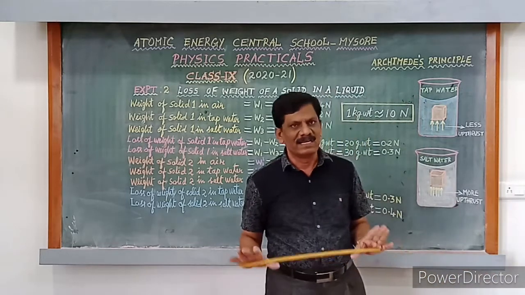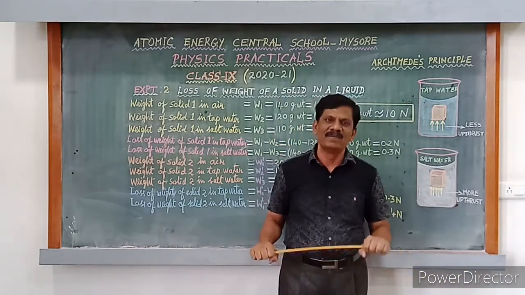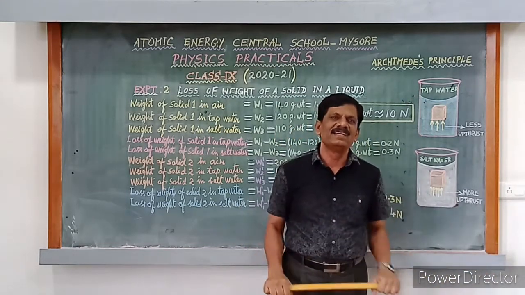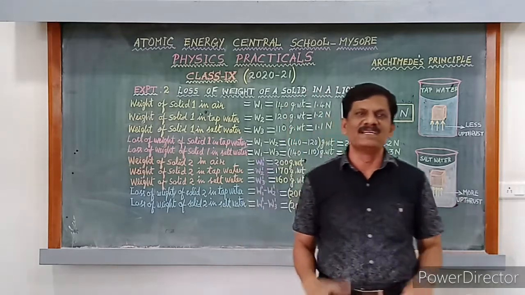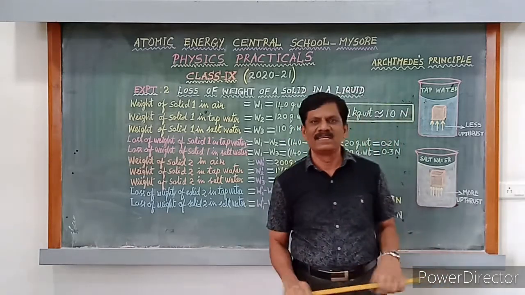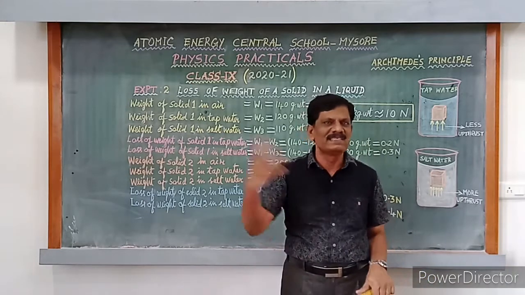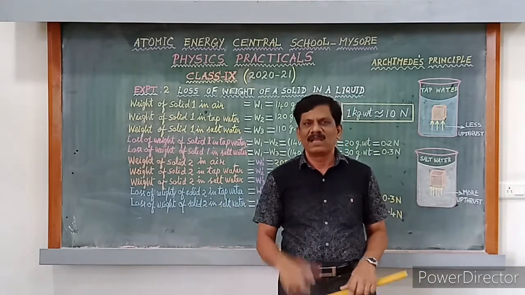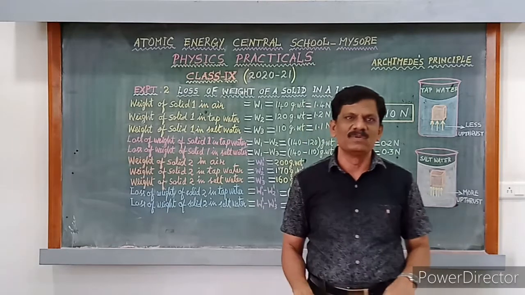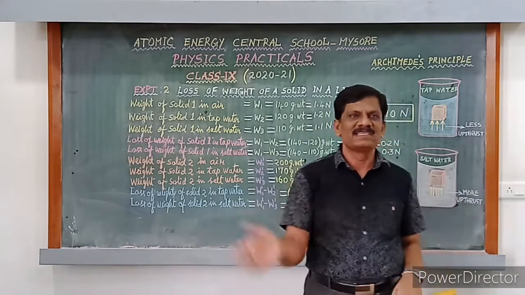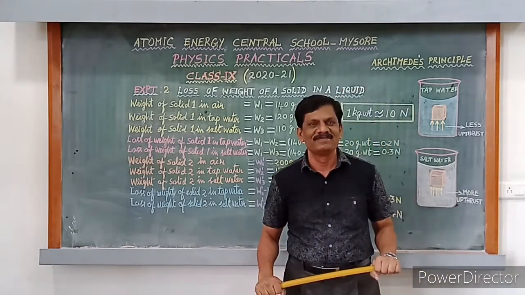So this is the underlying principle. What is the statement of Archimedes principle? When any solid is either partially or fully immersed in a liquid, then it experiences a loss of weight by displacing the liquid out. So the loss of weight of the solid is equal to the weight of the liquid displaced by it. Have you all understood?